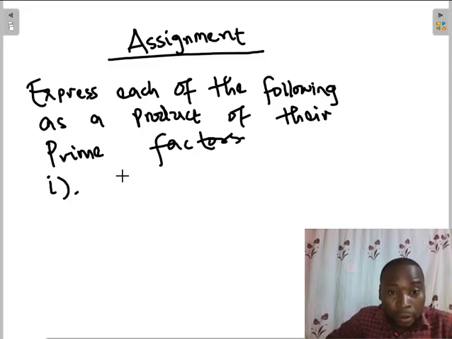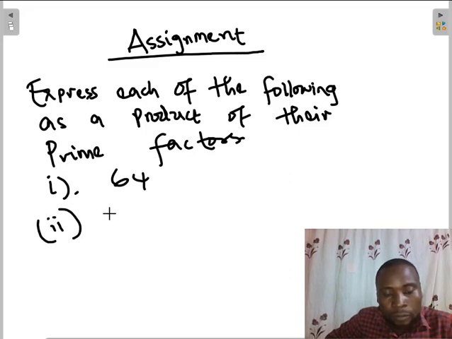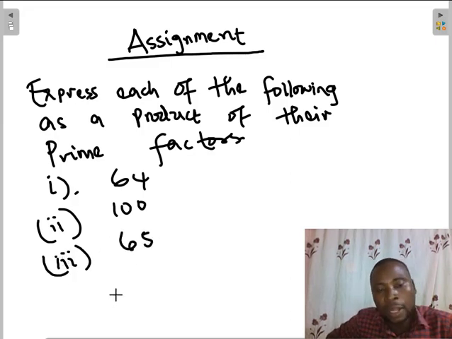So we have 64, we have 100, we have 65. So do this and we'll meet in the comment section.